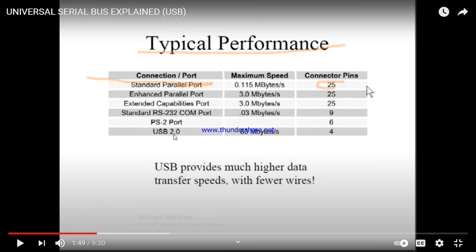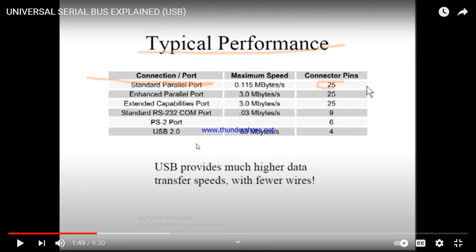And now USB 4.0 is available. But here in our discussion, I have taken the slides, I have taken this information from a YouTube channel. Here 2.0 is there, and it has a maximum speed of 60 Mbps. Now in Gbps, there is 40 Gbps speed, USB 4.0 has, and its connector has 4 pins.